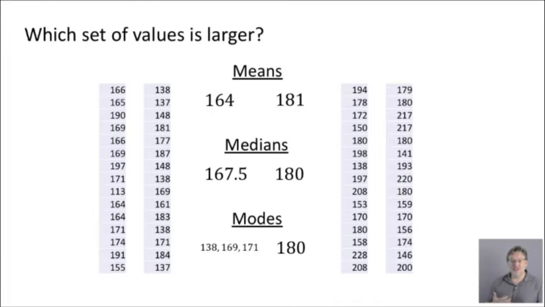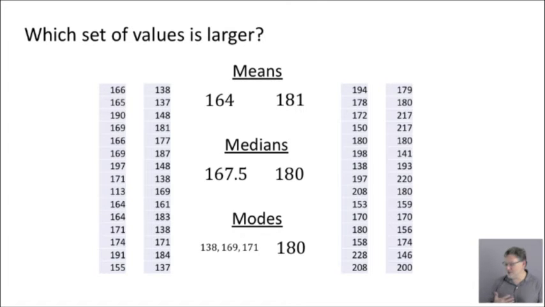The measures of central tendency for the data set on the right is a 181 for the mean, and there's a value of 180 for both the median and the mode. Those are consistently measures of central tendency that are greater for the set of data on the right than on the left. So as a whole, the set of values that are larger is the set of values that are on the right.